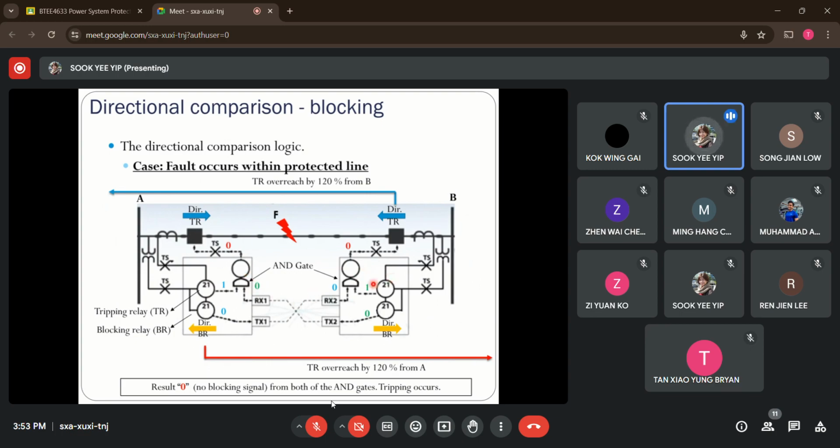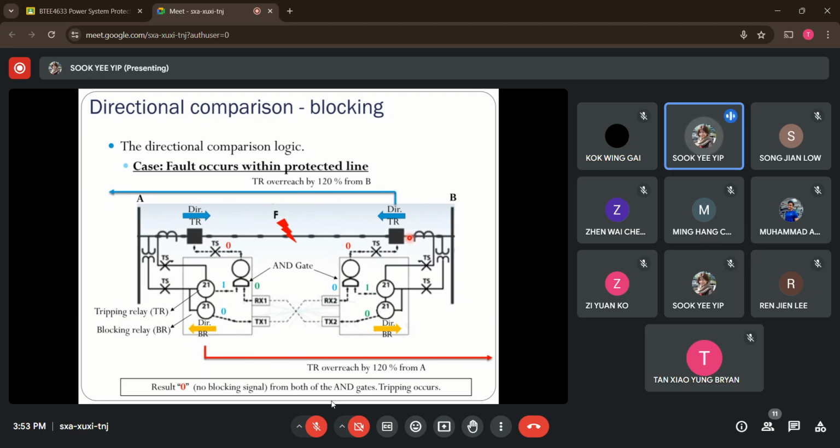Checking the input to the AND gates, we have 1 and 0, so the output is 0, which means there is no blocking of the operation for the tripping relay. So the circuit breakers on both sides will be tripped. The tripping relay is not stopped from operating. That is how it works if we have an internal fault.